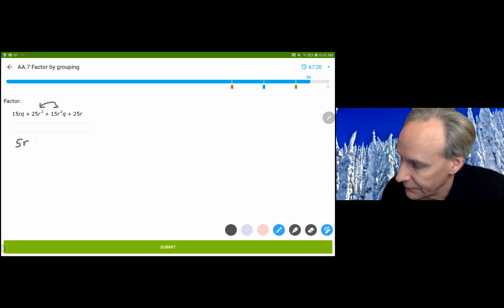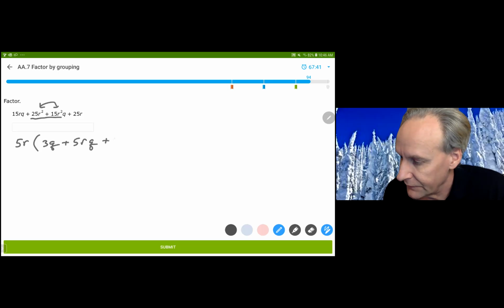So we've got 5r, and I've got a 3q. I've got a plus 5rq, and then I've got a plus 5r plus 5. Now, I realize that I could have switched these two as well.